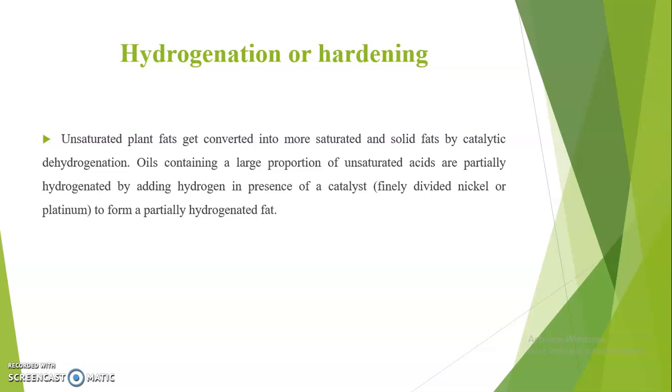Oils containing a large proportion of unsaturated acids are partially hydrogenated by adding hydrogen in the presence of a catalyst. Generally, the catalysts used are finely divided nickel or platinum, to form the partially hydrogenated fat. This reaction is known as the hydrogenation or hardening of fat.